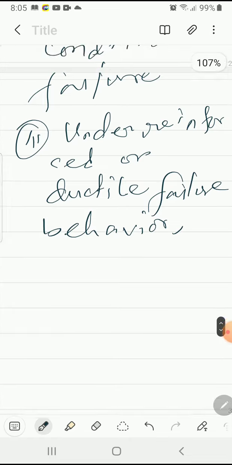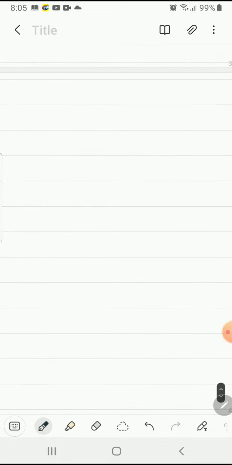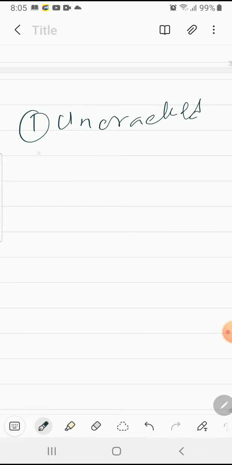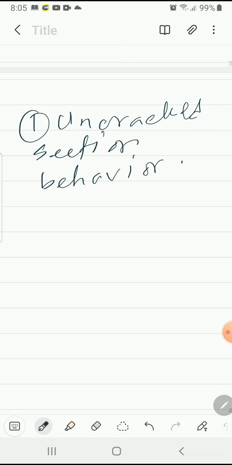So firstly I will discuss the uncracked section behavior. It is very simple.